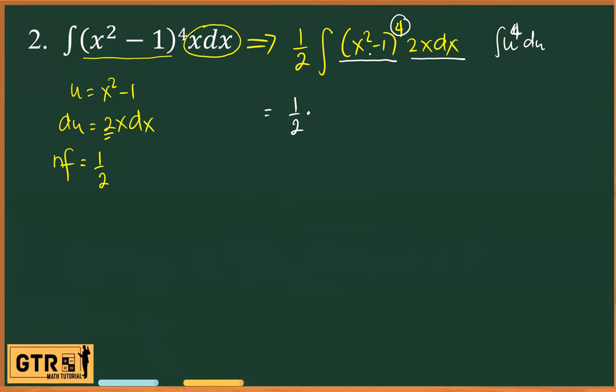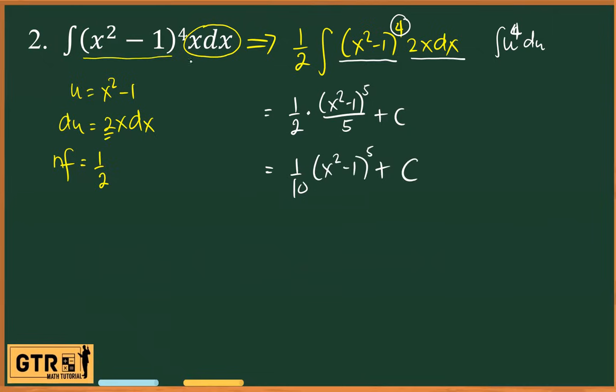The u is x squared minus 1, so we have x squared minus 1 to the 5th power over 5 plus c. The final answer is 2 times 5, so we have 1/10 times x squared minus 1 to the 5th plus c.